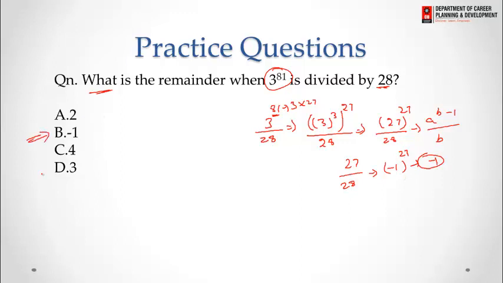Answer is option number B. Or in this case, when a and b are co-prime numbers, the remainder is 27, and if the remainder is 27, that can also be written in negative form as 27 minus 28, that is minus 1. In both senses we can have the answer. So the solution is either 27 as a positive remainder, or minus 1 as the negative remainder. Both answers are right as per the given options. Option number B is the right answer for this question.